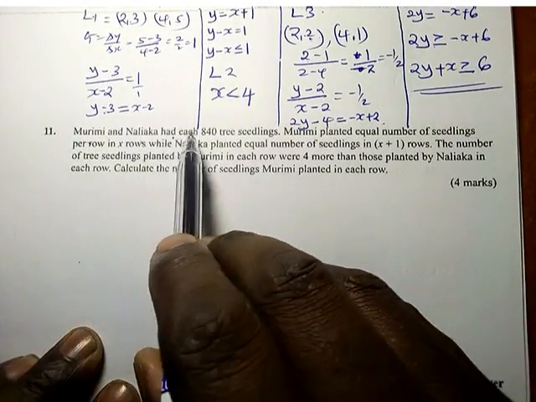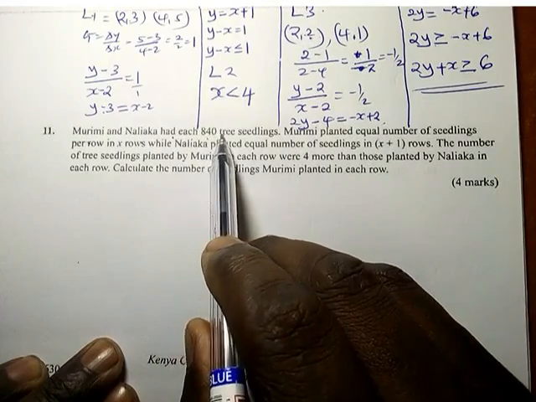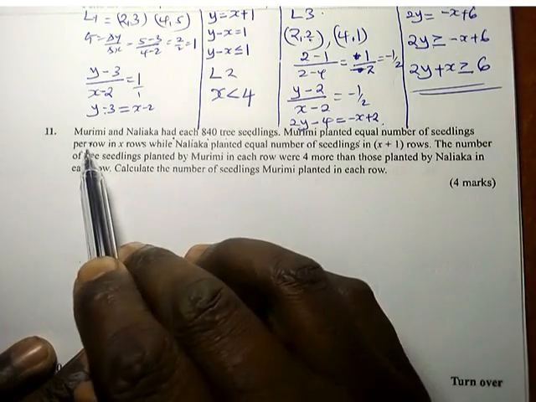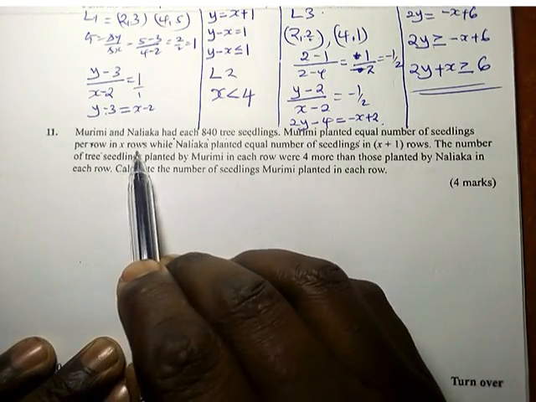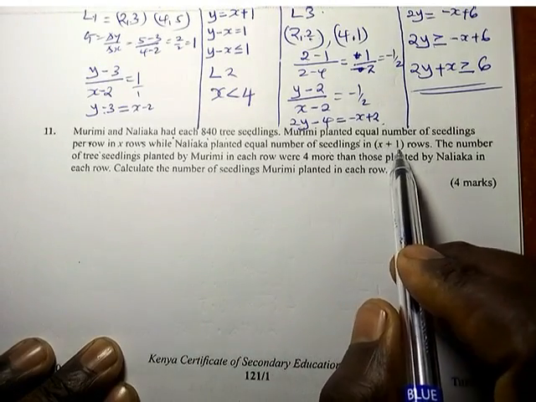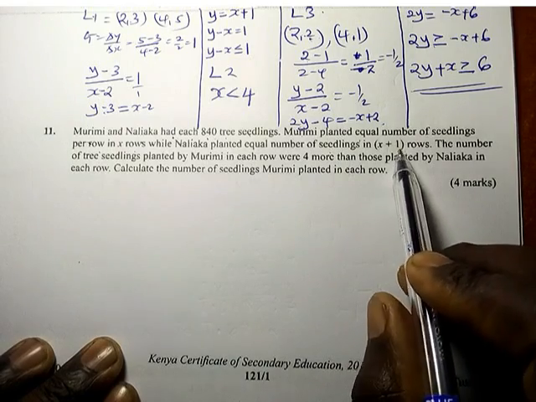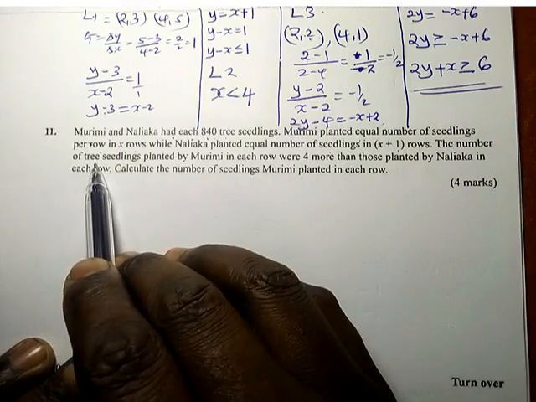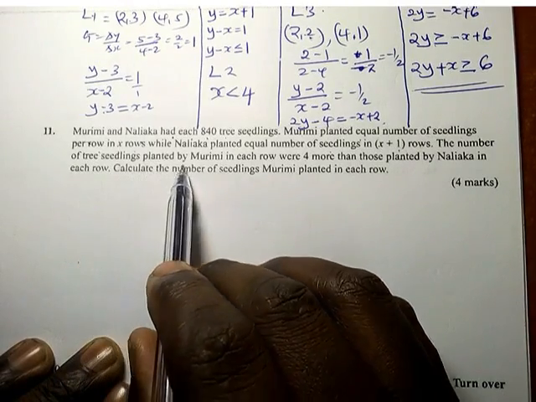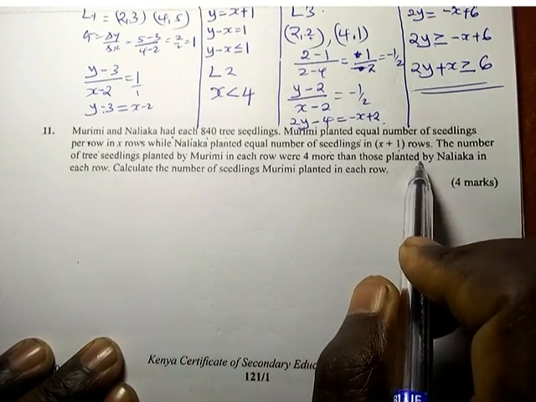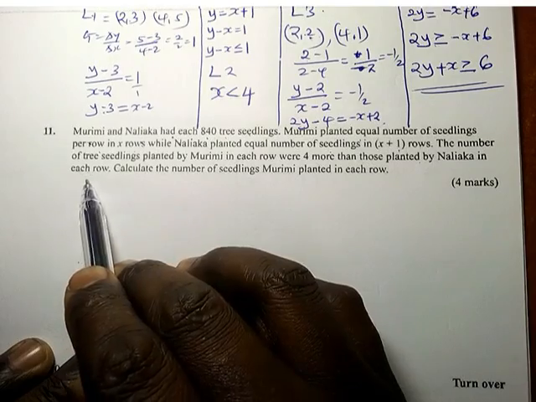Mulimi and Naliaka had each 840 seedlings. Mulimi planted an equal number of seedlings in x rows, while Naliaka planted an equal number of seedlings in x plus 1 rows. The number of seedlings planted by Mulimi in each row were 4 more than those planted by Naliaka in each row.